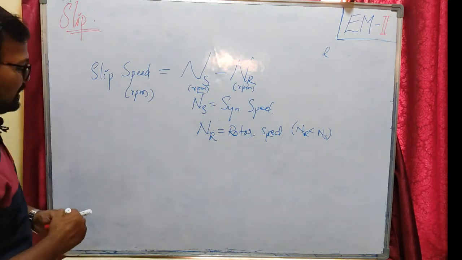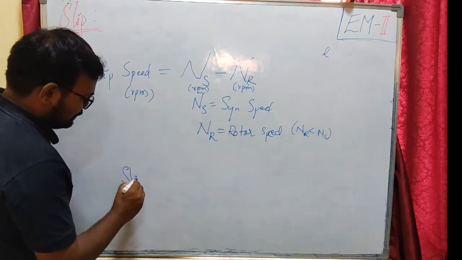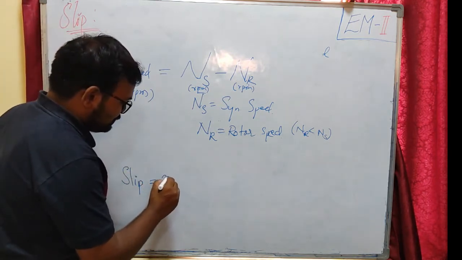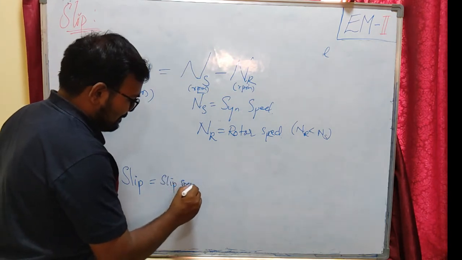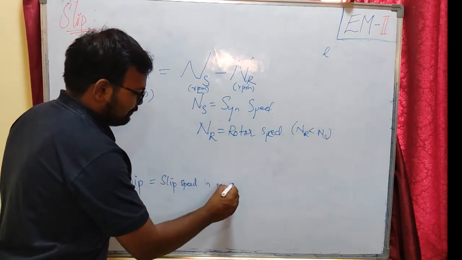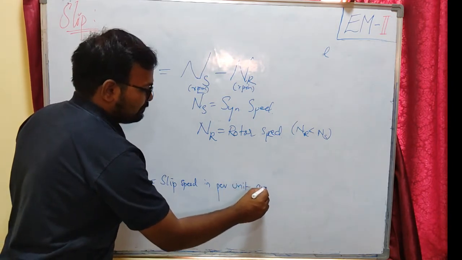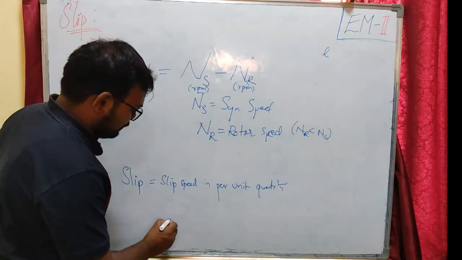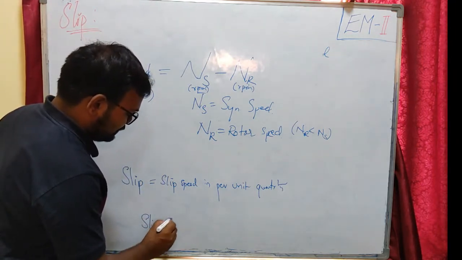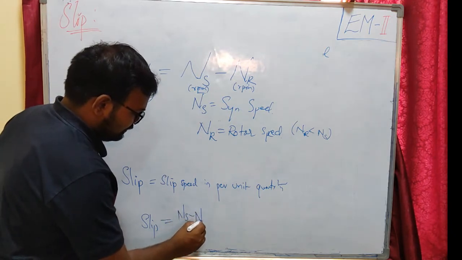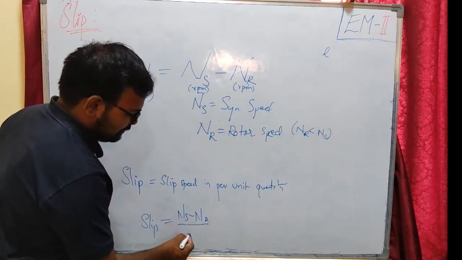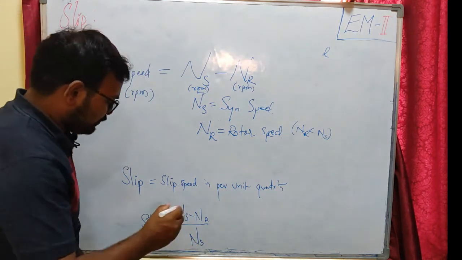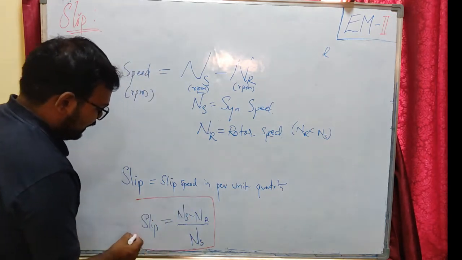So now what is slip? Whenever we express slip speed in per unit quantity, that means whenever I express slip speed with respect to synchronous speed, that will be our slip. That means Ns minus Nr is the slip speed, and I am expressing it with respect to Ns. So this is a per unit quantity, so our slip will have no units.